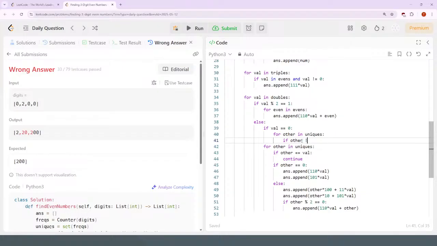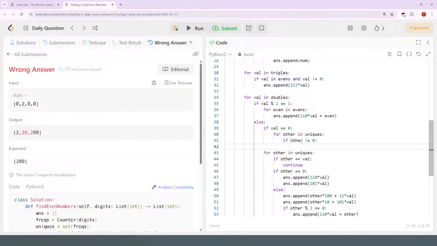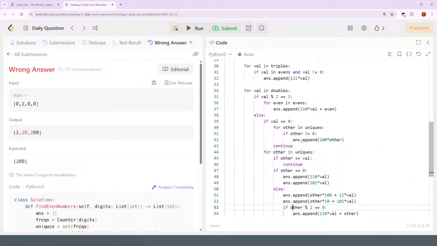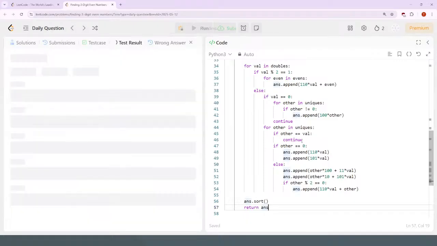If other value is not equal to 0, then answer.append 100 times this other value, and then continue. And then here is when the value itself is not 0.